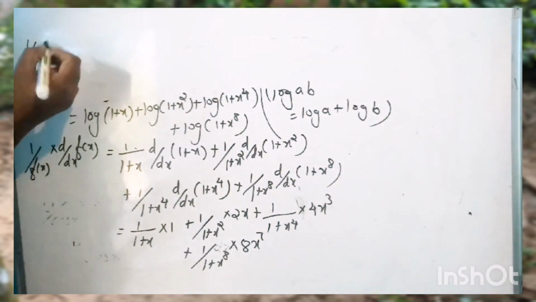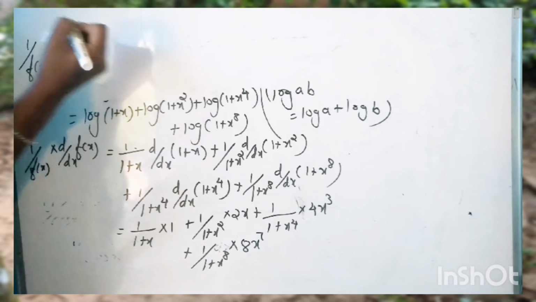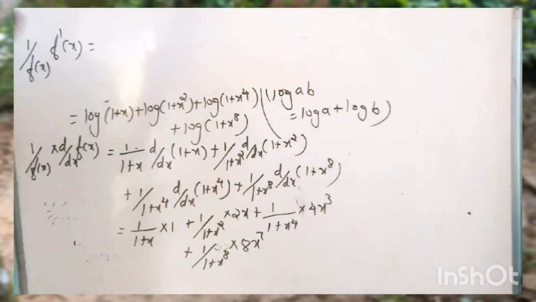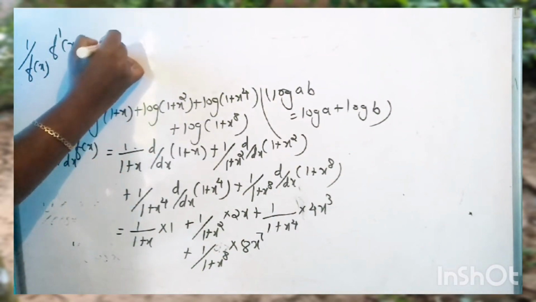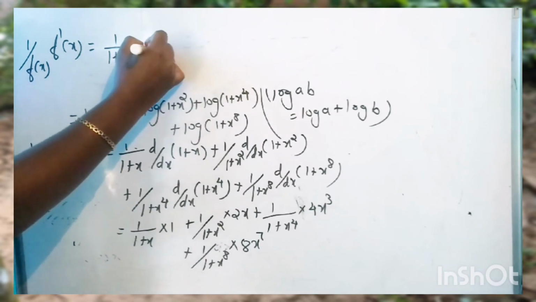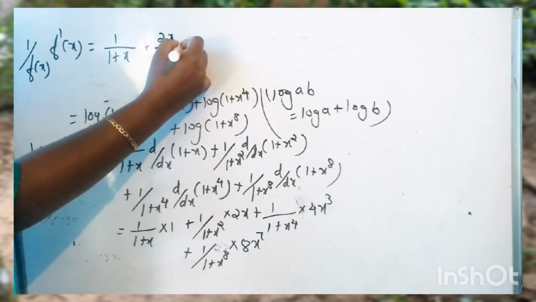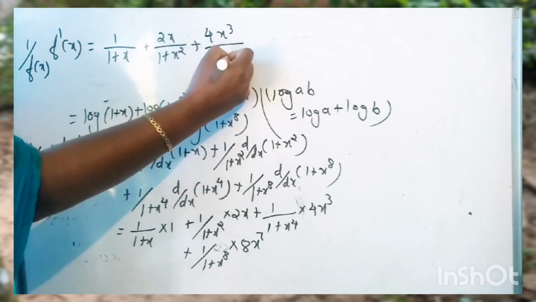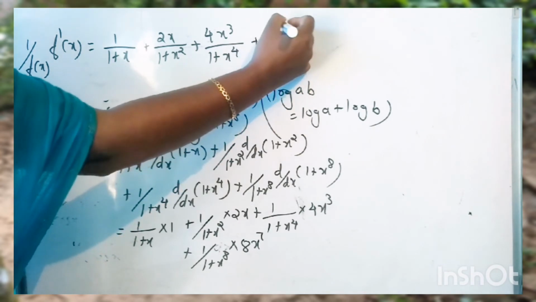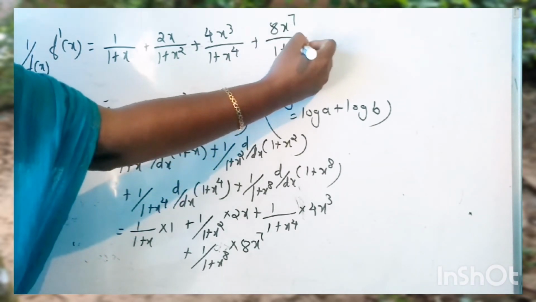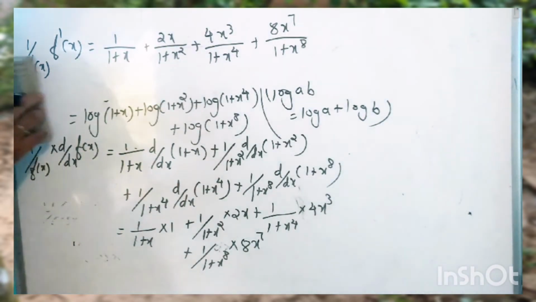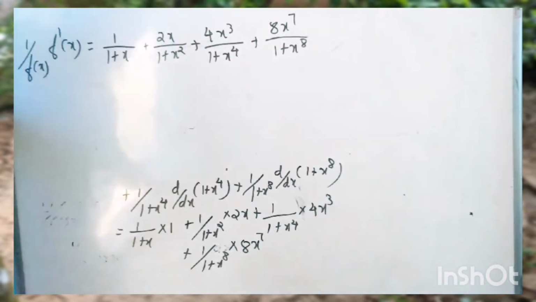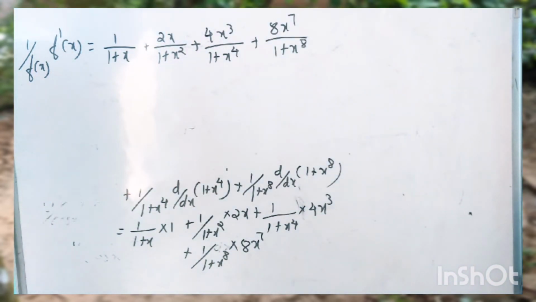So 1 by f of x into f dash of x, where f dash of x means the derivative of f of x with respect to x, is equal to 1 by 1 plus x plus 2x by 1 plus x square plus 4x cube by 1 plus x raised to 4 plus 8x raised to 7 divided by 1 plus x raised to 8. Now take f of x to the RHS.